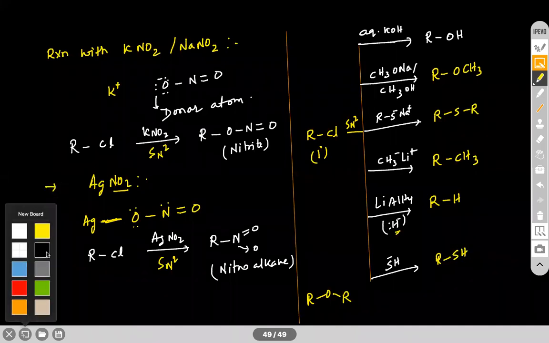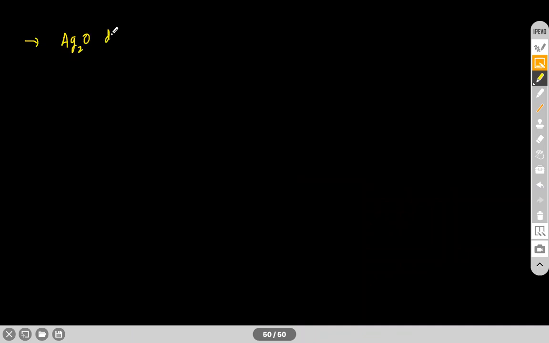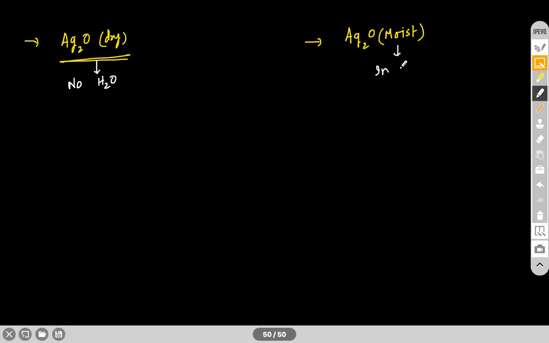Okay. Another reaction is the reaction with silver oxide, Ag2O, dry, and the reaction with Ag2O, moist. Dry means there is no water present here, no H2O, and moist means in presence of water, H2O.